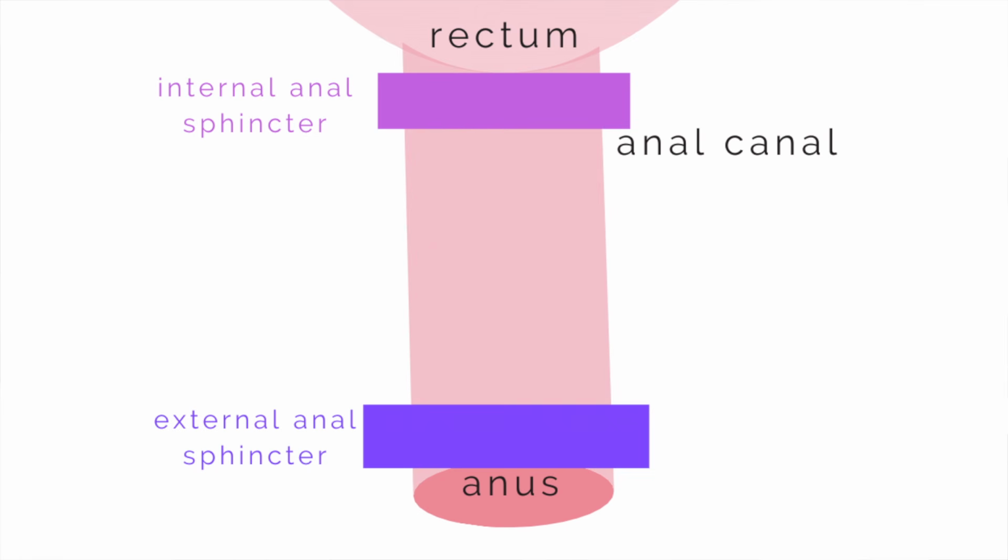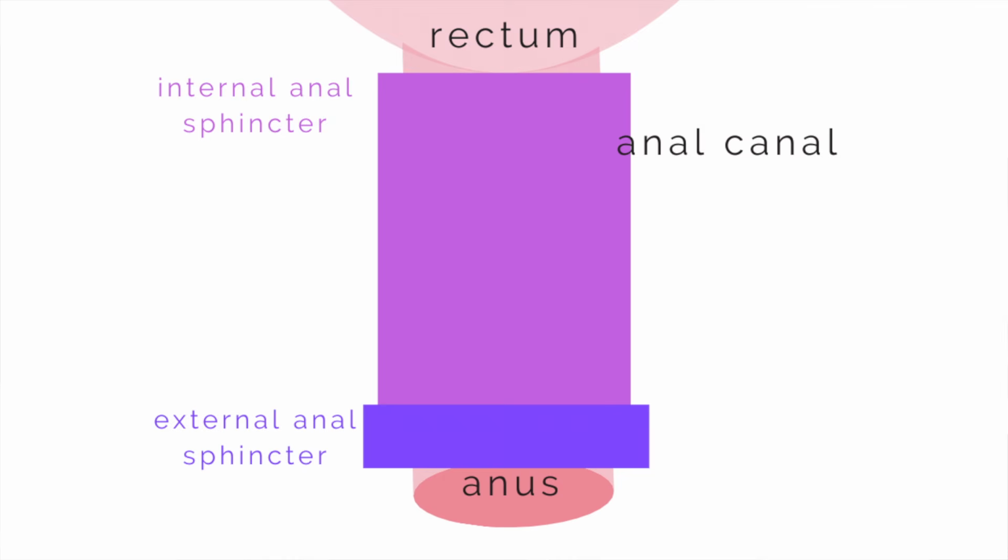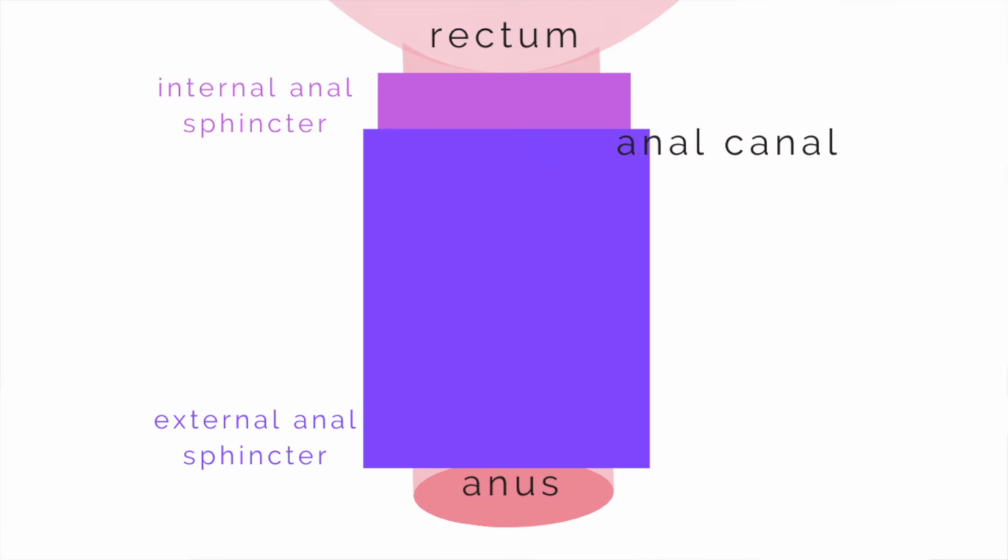However, these sphincters actually have some overlap, where the internal anal sphincter is not only internal as in above the external sphincter, but it is also quite literally internal as in deeper in the body. It wraps directly around the anal canal, whereas the external anal sphincter is lower than the internal sphincter, but it is also quite literally external, as in the majority of it wraps around the internal sphincter, not the anal canal.